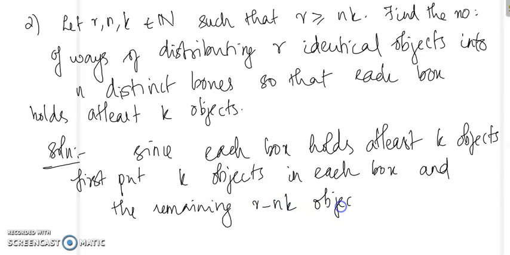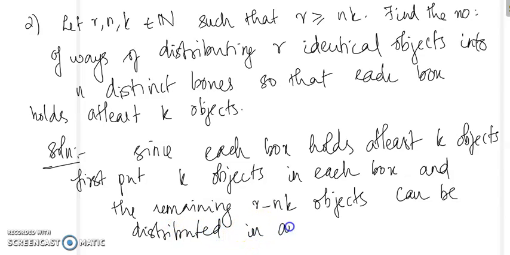So the remaining r minus nk objects can be distributed in an arbitrary way to n boxes.